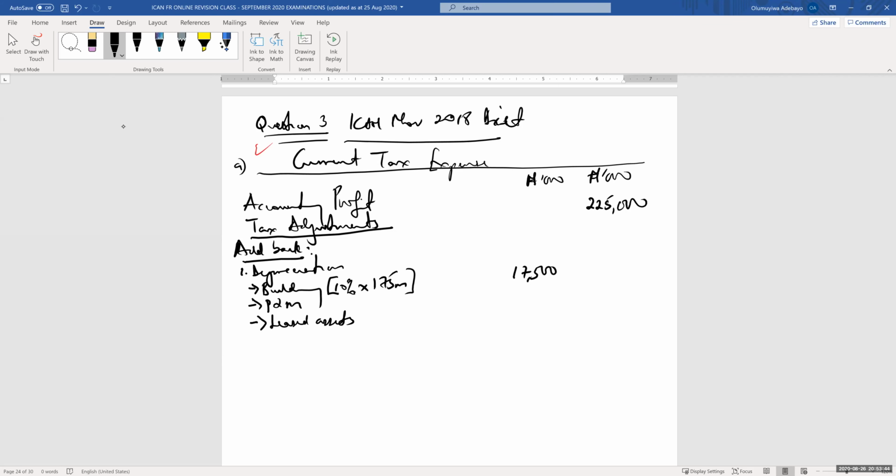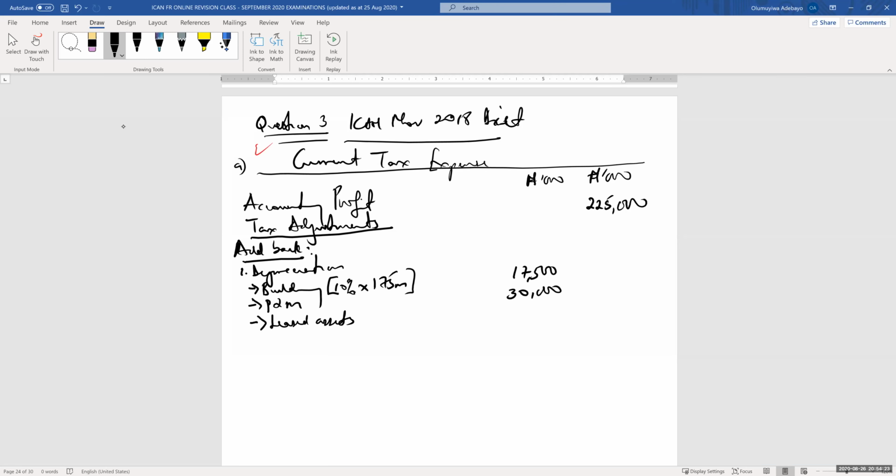We are told that the balance in respect of plant and machinery is after providing for depreciation of 30 million. Therefore, we add back 30 million depreciation for plants. Now, if you go to the additional information 3, it says the assets held under finance lease was acquired during the year. The relevant tax law does not distinguish between finance lease and operating lease. Rental expense for lease is tax deductible.